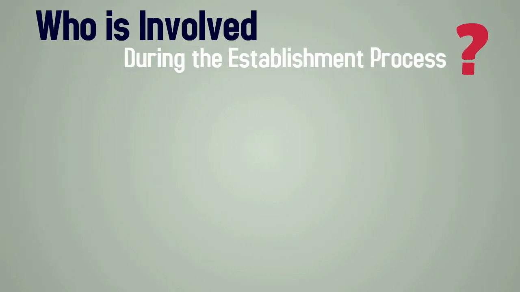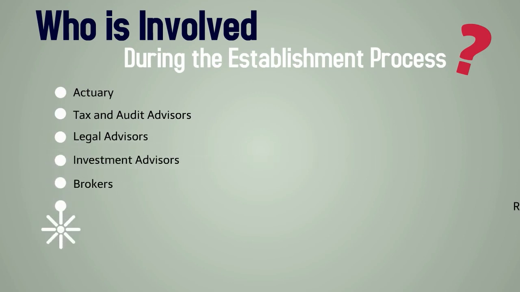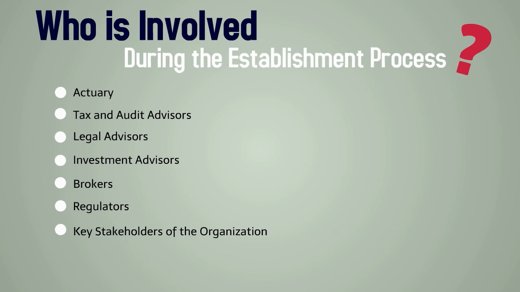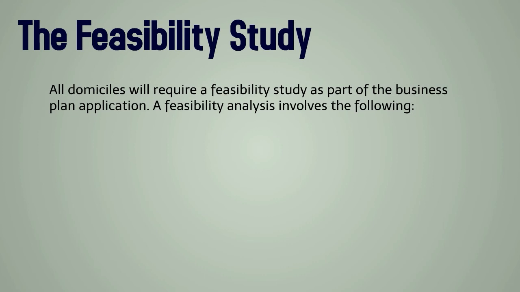Putting together a captive typically involves a lot of external professional advice. These include the actuary, tax and audit advisors, legal advisors, investment advisors, brokers, regulators, and key stakeholders of the organization. All domiciles will require a feasibility study as part of the business plan application.